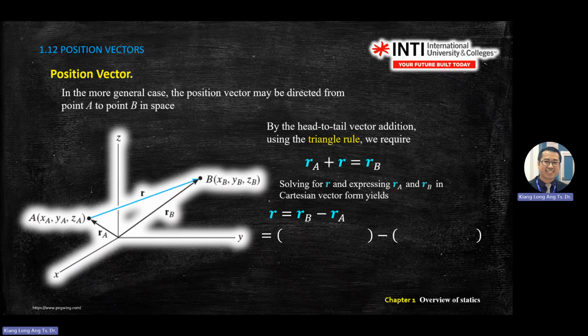So when the question asks you solving for R, you move RA to the right hand side. If you look at the slide, RB equal to RA plus R. So again, what is RB? Now you look back at the diagram. What is RB? Assume origin is 0. Here the coordinate is 0, 0, 0.